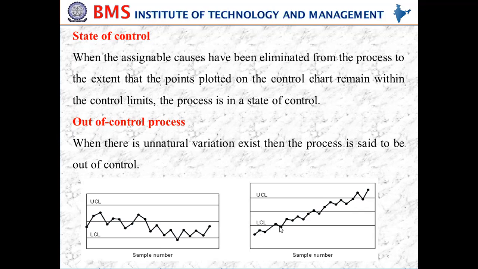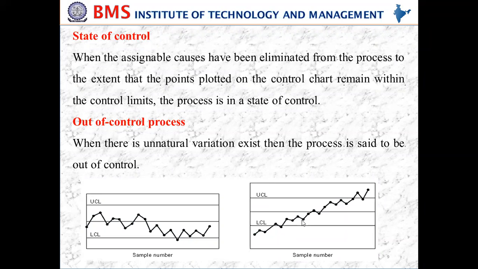Also, one more very important lead is the trend. Say, for example, if you have started with the points here and they are going in an increasing manner, it clearly shows that even though these points fall within the control limits, it leads to out of control.